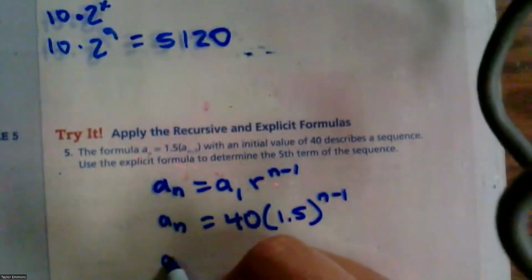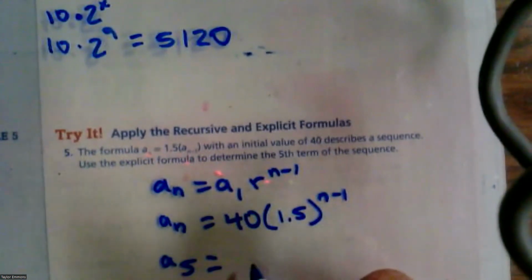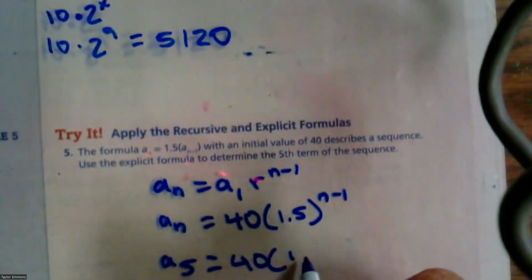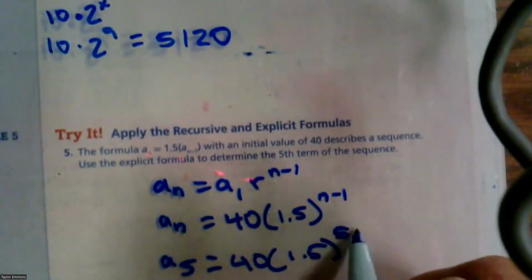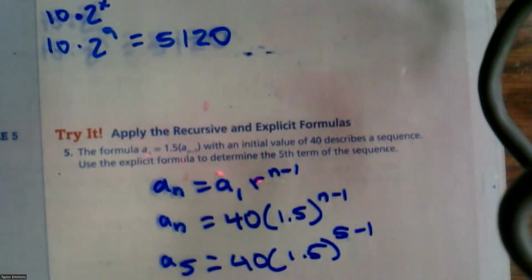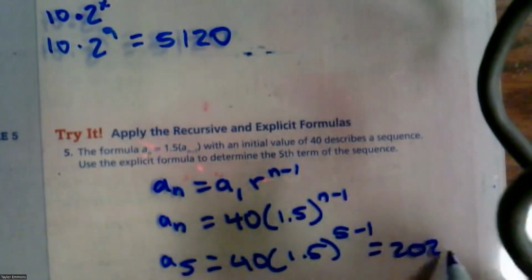So we're going to say a sub 5 equals 40 times 1.5 raised to the 5 minus 1. Okay, so if we plug that into our calculator, then I'm going to get 202.5.